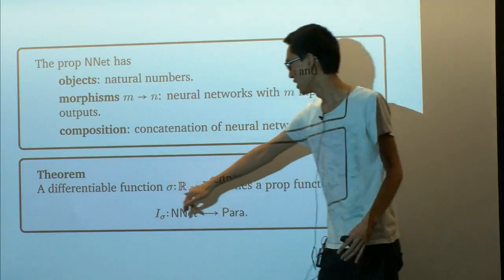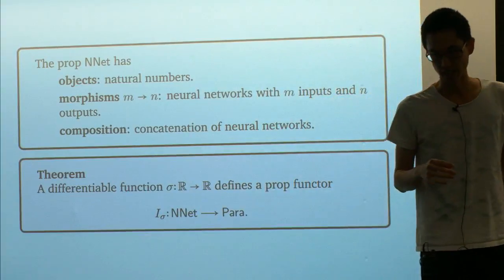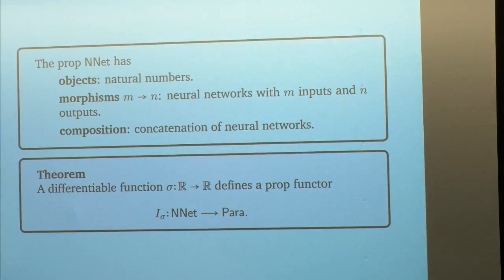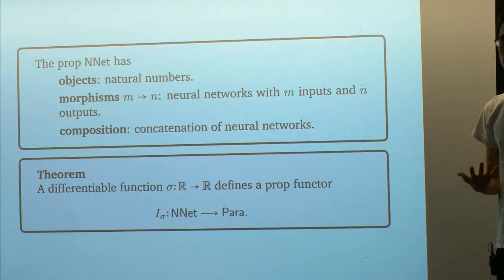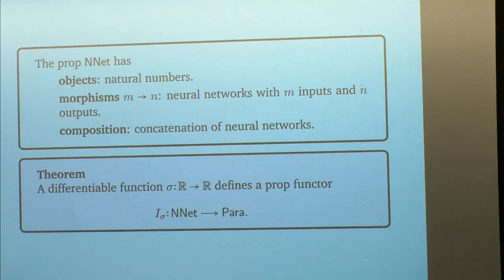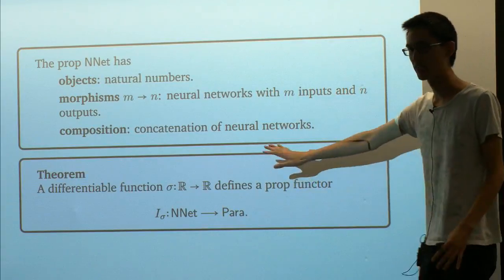So we can vary this differentiable function across the network. We can also try and do things like identify weights. And that's crucial to notions of convolutional neural network and recurrent neural network, which are very, very widely applied. But they're sort of superstructural on this idea of a neural network.